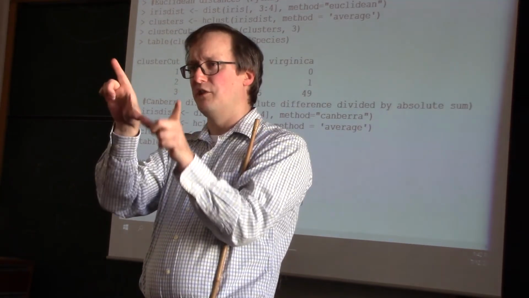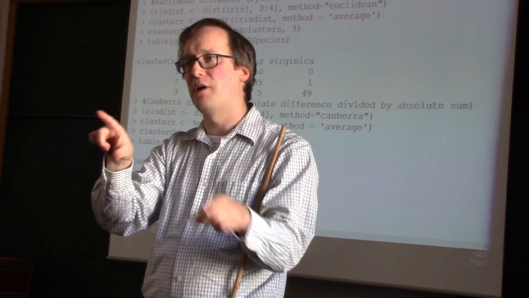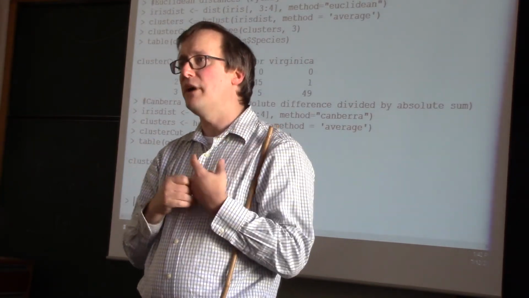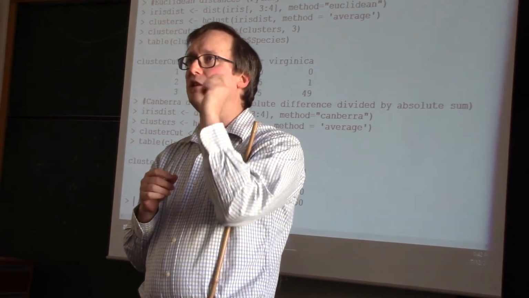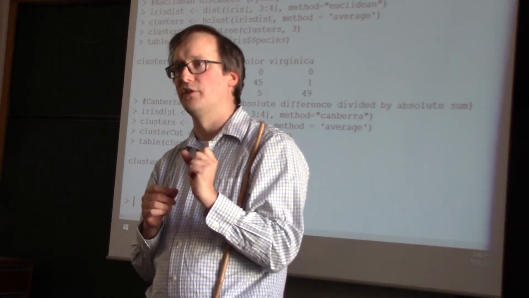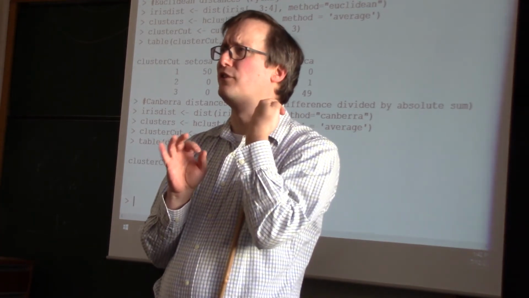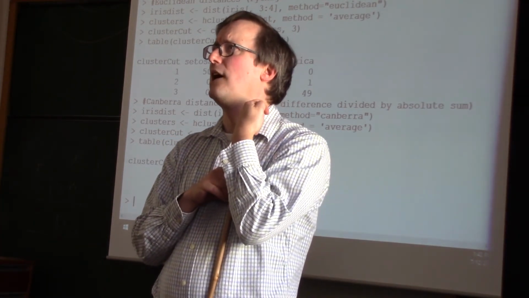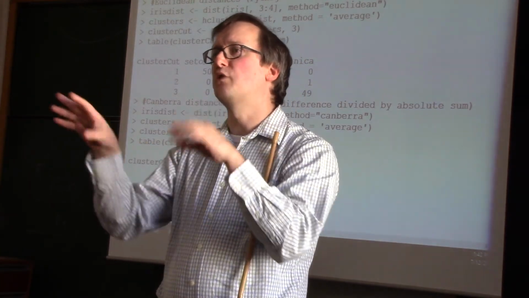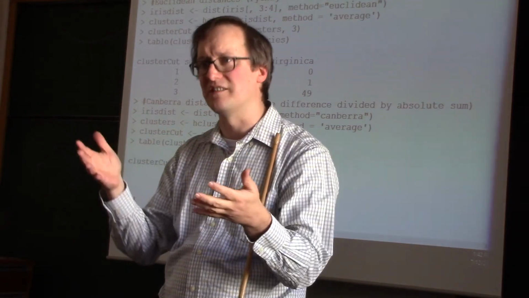So where Pythagorean theorem tells us that the distance along the hypotenuse is the square root of the sum of the squares of the A and B sides, Canberra asks us, what is the absolute difference between 2 values divided by the absolute sum of the 2 values? All right? So that can be particularly useful if you care much more about the ratio of 2 values rather than their absolute sizes.